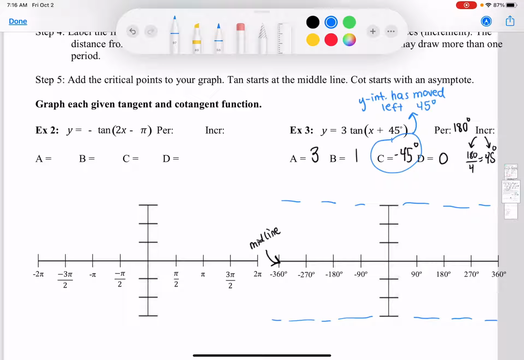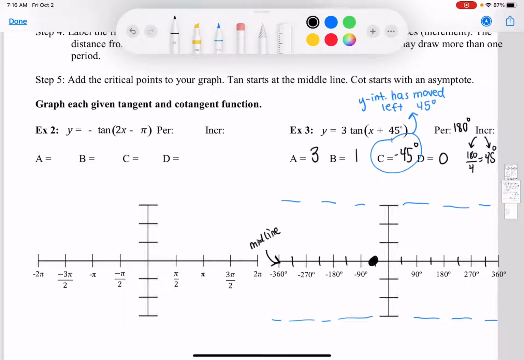Okay, and so I'm going to draw in my 45-degree increments like I've been doing, just halfway between every tick mark. So my first point, I'm not going to put it on the origin like I did before. Instead, I'm going to put it at -45 degrees.